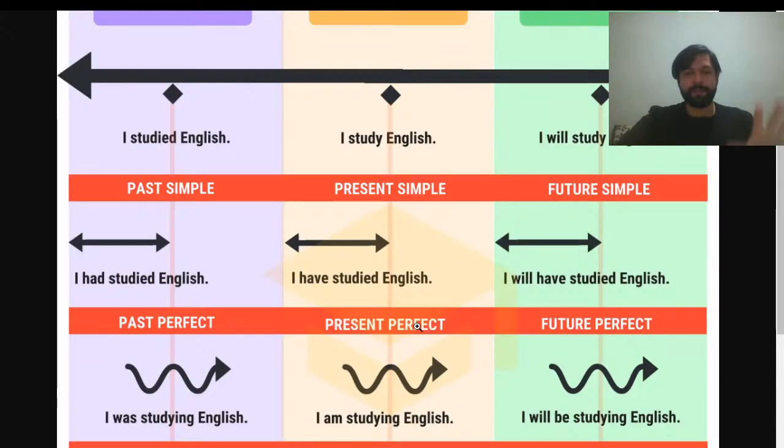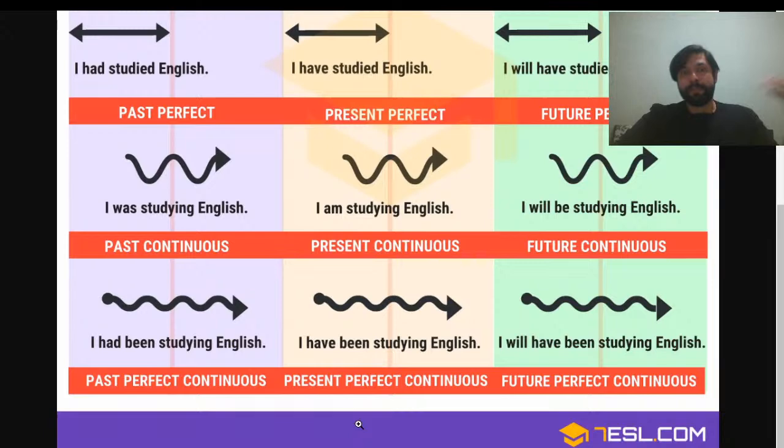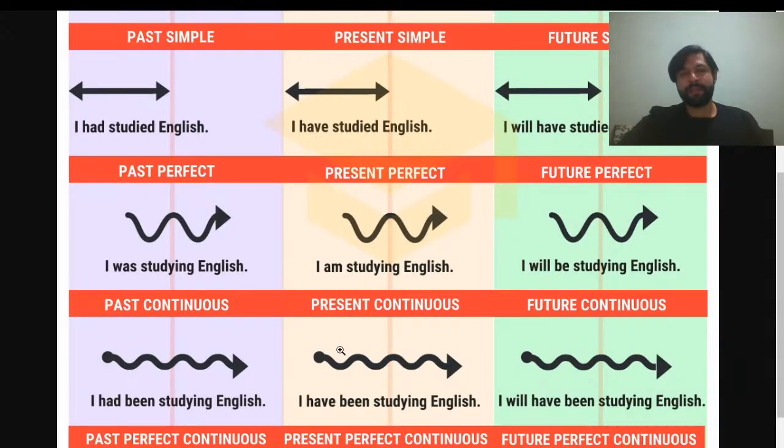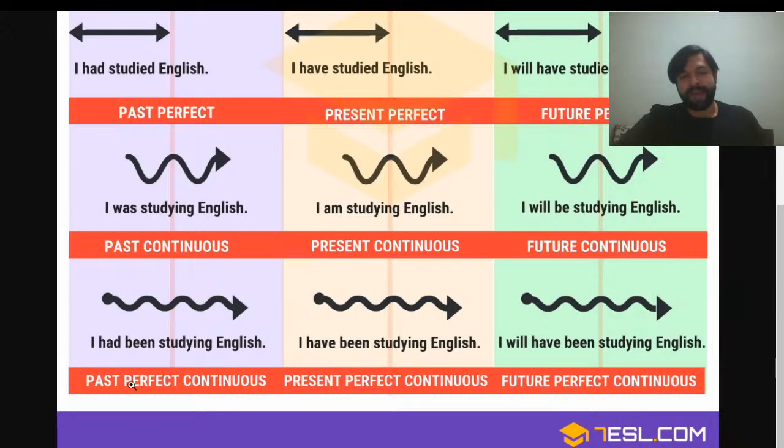But basically this, the perfect is have in the third form, and the form of have determines the past, present, or future. And the perfect continuous is just a combination of both, okay? So like the past perfect continuous, it's past because have is in the past, had. It's perfect because we have the third form, okay?